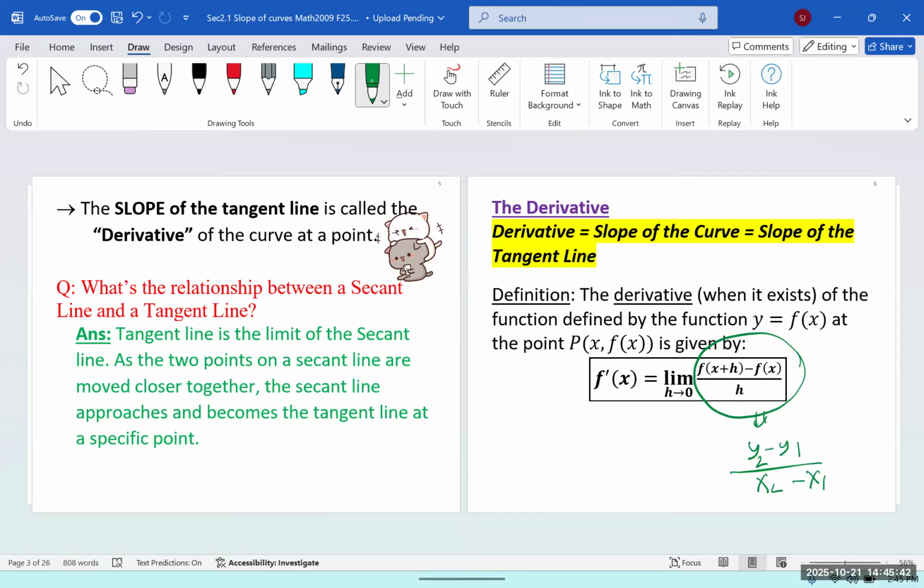If you take the limit over the x values, making x2 and x1 closer and closer so there will be no difference between them, whatever you get is the slope of the tangent line, and that's the derivative of your curve at a particular point.